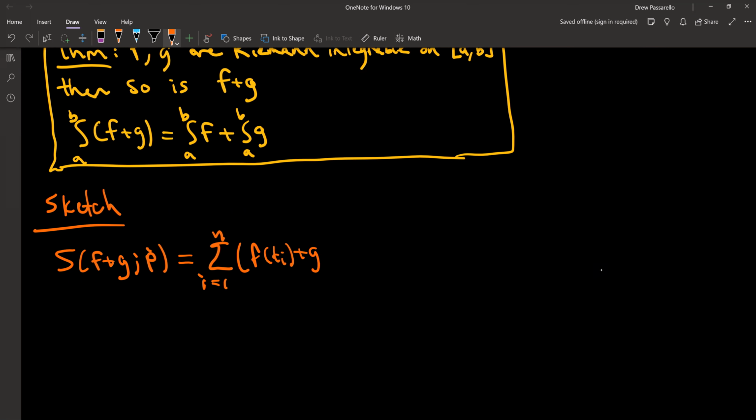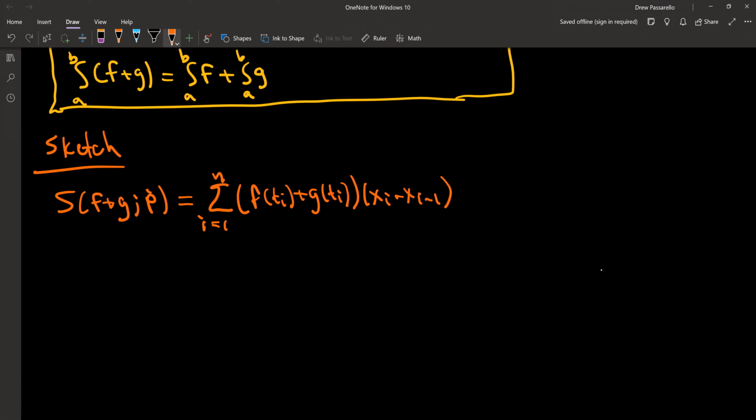And then we can break this up, so it's the summation from i equals 1 to n of f of t_i times (x_i minus x_{i-1}), plus the summation from i equals 1 to n of g of t_i times (x_i minus x_{i-1}).